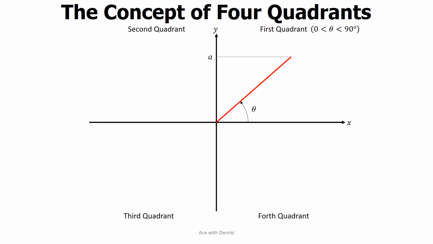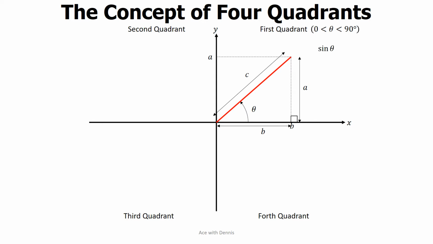Let's say this is A, and this is B. We can get a right angle triangle here. This side is A, this side is B, the lengths. This is the hypotenuse, C.